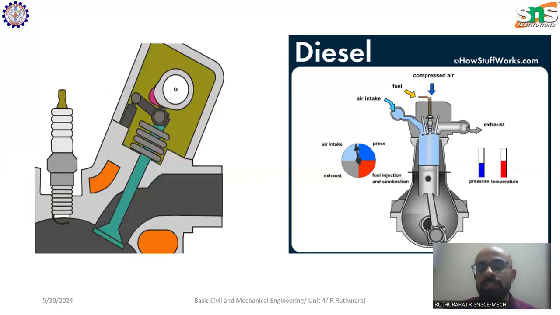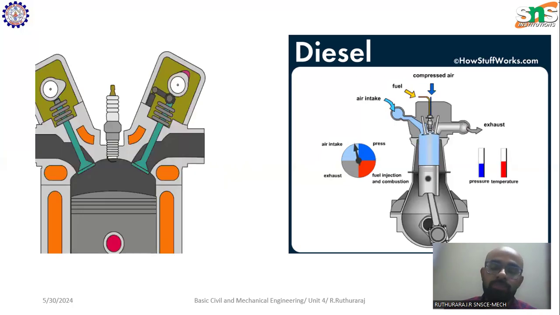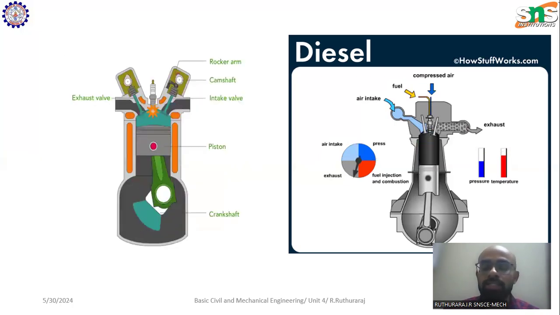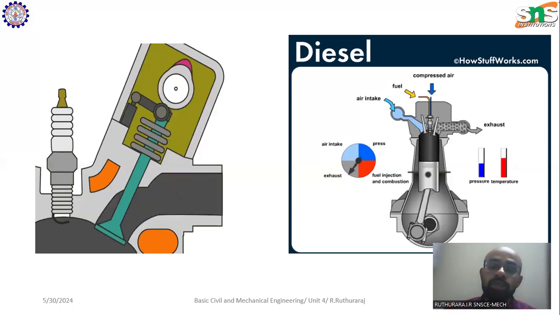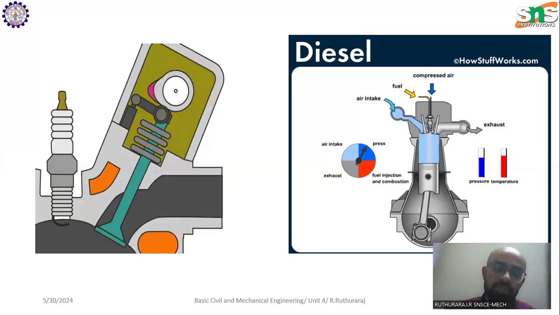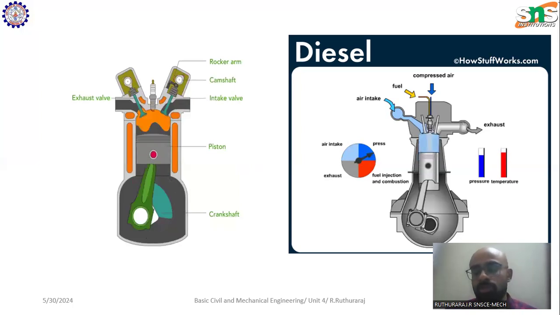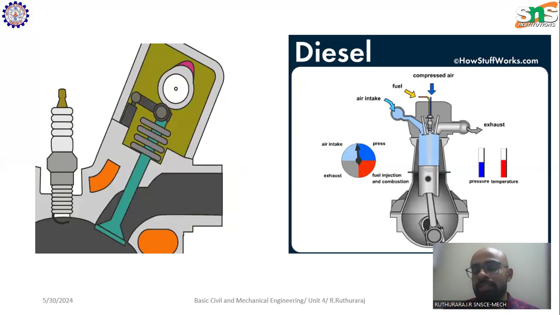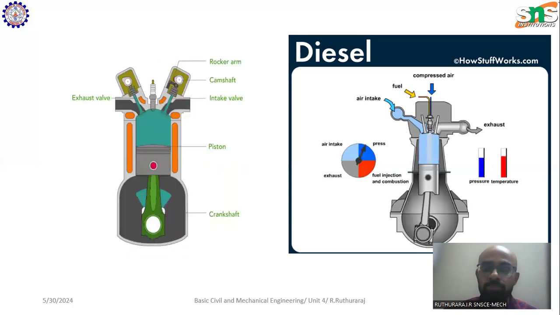Hence, spark ignition is used for petrol because it has a higher ignition temperature compared to diesel. Unlike petrol, if you compress diesel, it will burn, but if you compress petrol, it will not ignite on its own. That temperature is called the self-ignition temperature. The self-ignition temperature of petrol is higher than diesel, and hence a spark is needed in a petrol engine.